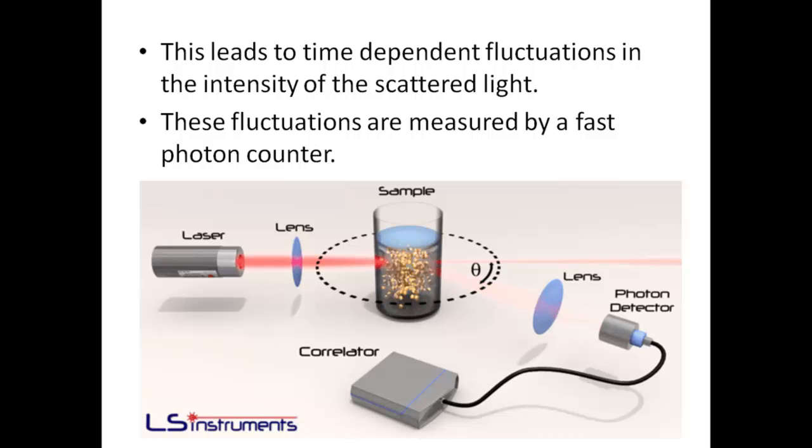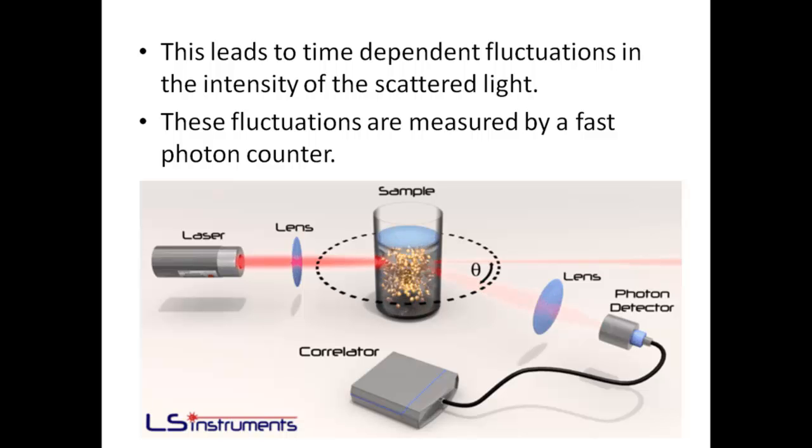So what happens, it gets scattered, and at the other end we have a photodetector. We keep changing the angle. You can see theta is shown over here. We keep changing the position of this photodetector, and at different angles we catch this light and try to see what kind of pattern is detected.